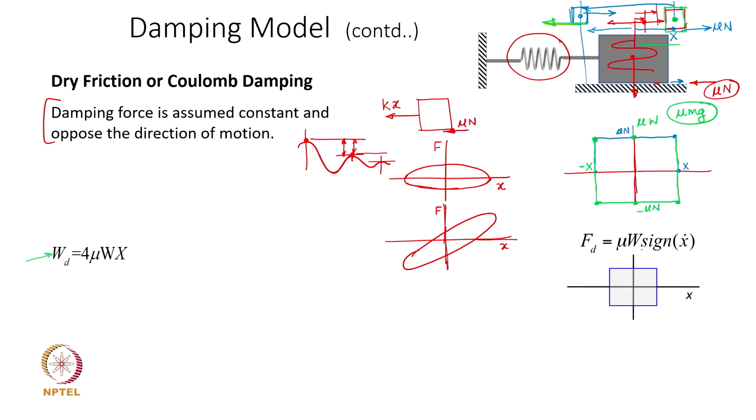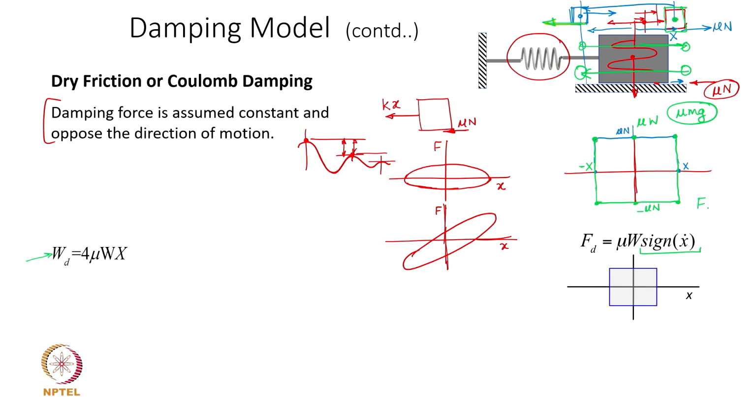Now, there is something which is added here, and that addition of the signum function in the expression for F_D is only to take care of the sign as the whole oscillation happens. For example, in one half of the oscillation, going from this end to this end, the direction is 1, and from here to here the direction flips from negative to positive, and that is why the signum function is included to write the expression for F_D.